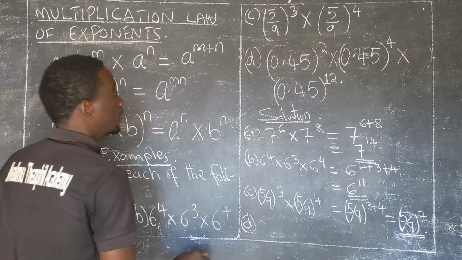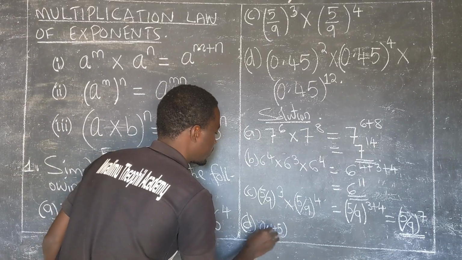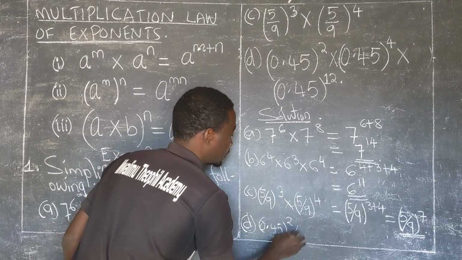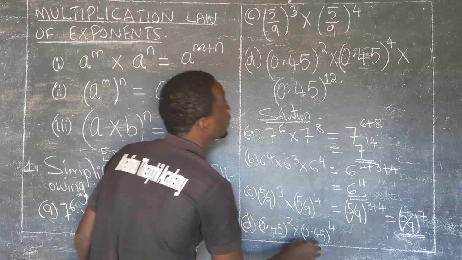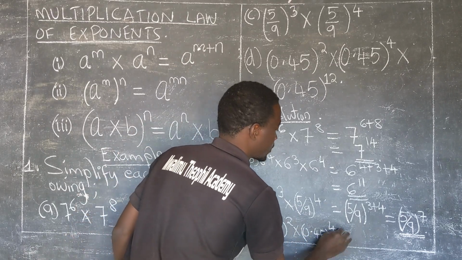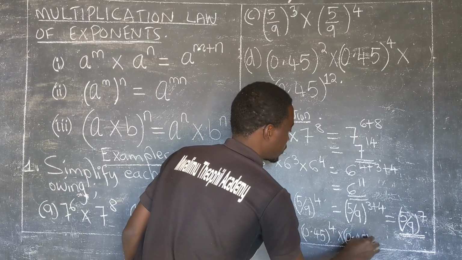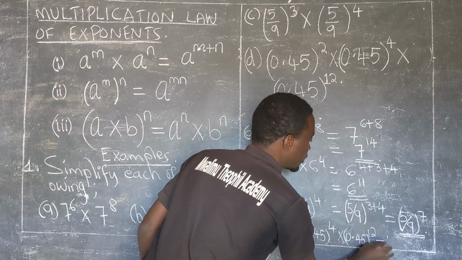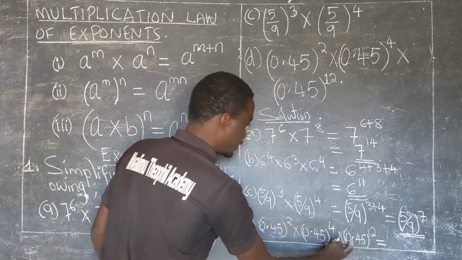Part D. In part D, we are given 0.45 squared times 0.45 raised to 4 times 0.45 raised to 12. Here we have the same base, 0.45, and it is multiplication.